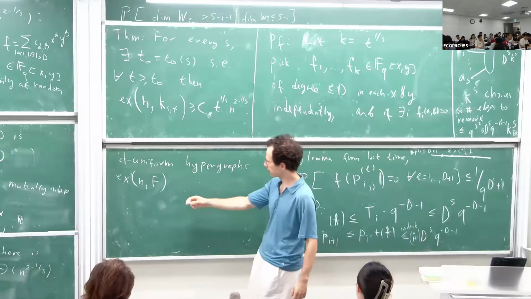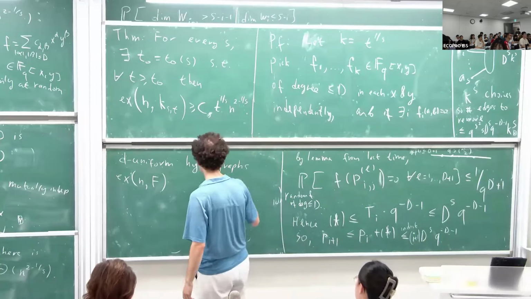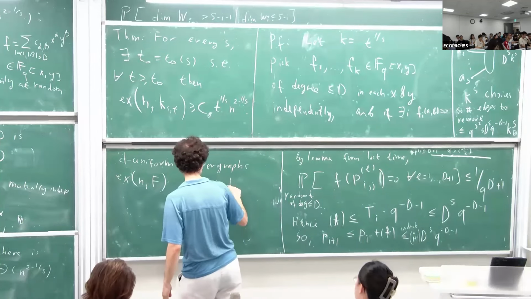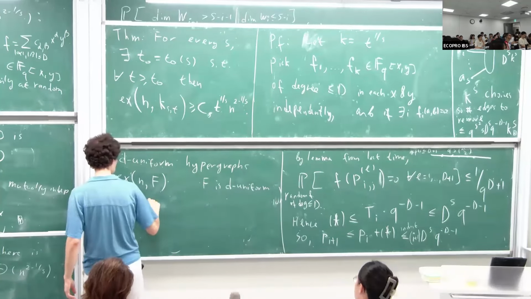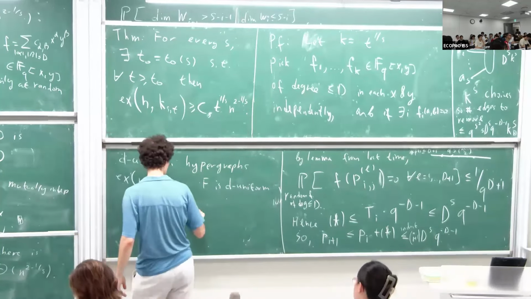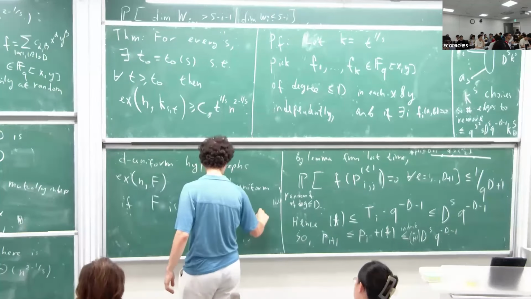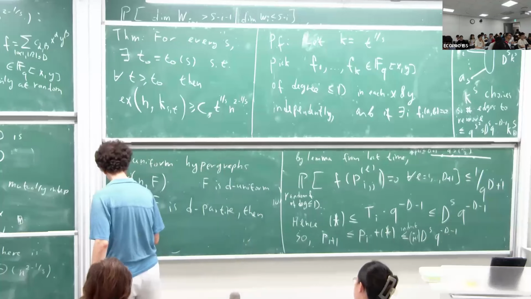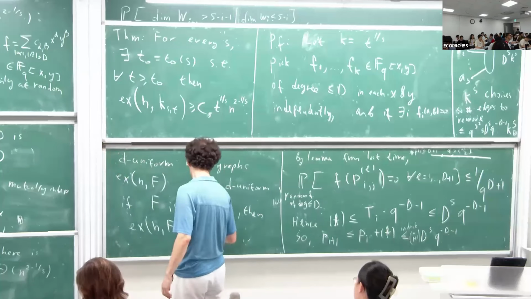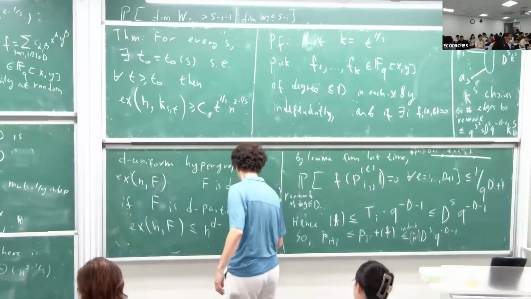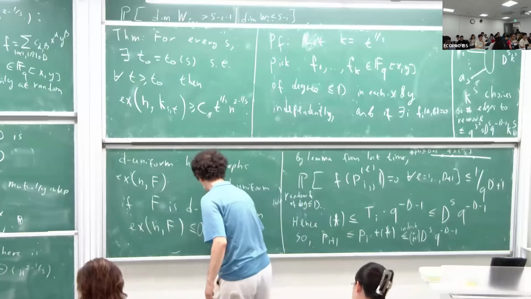If F is d-uniform, and F is d-partite, then again you have a Kővári–Sós–Turán bound of this minus something positive, and this positive term depends on that.